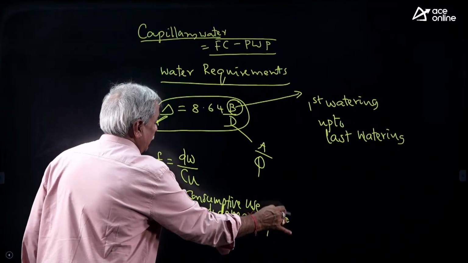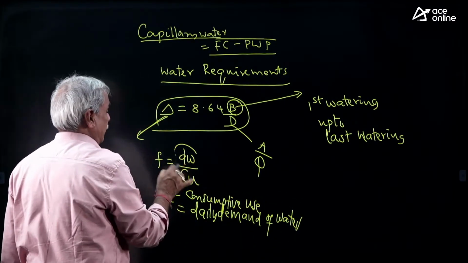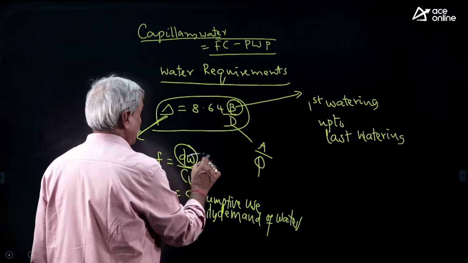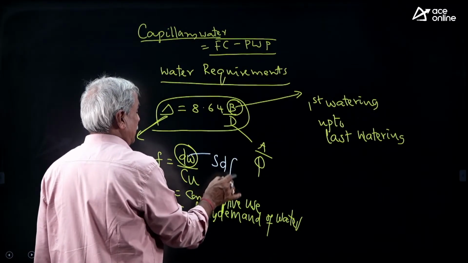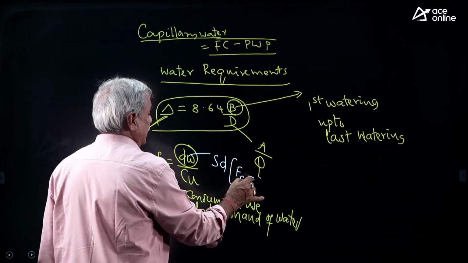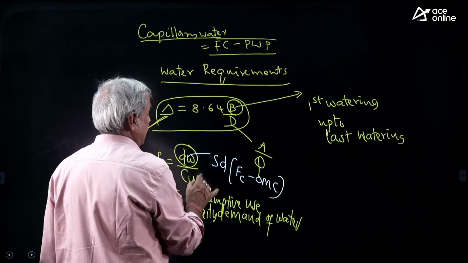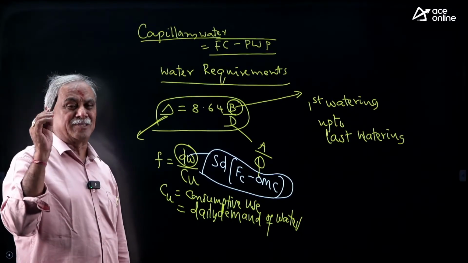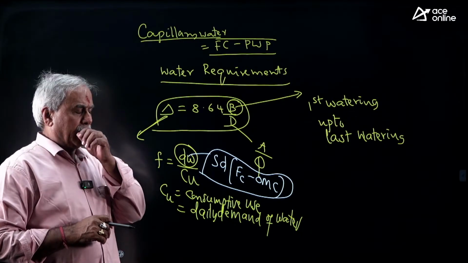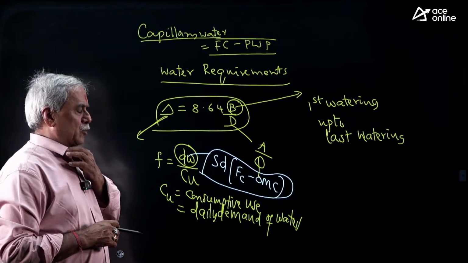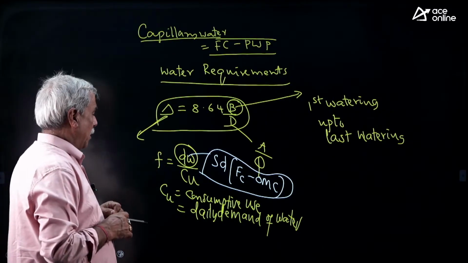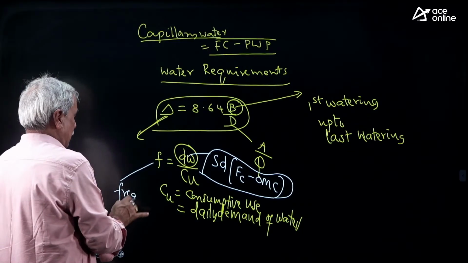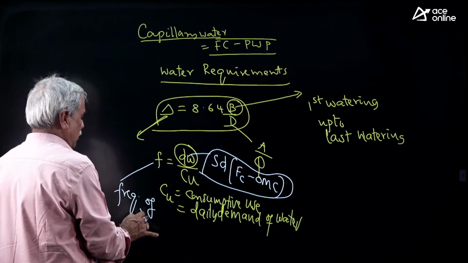It is also one very useful definition. dW is S into D into FC minus OMC. It is the depth of each watering. Every time how much water the farmer will be supplying to the field in order to get the crop properly irrigated throughout the 10-15 days. That gap is called frequency of irrigation. Frequency of irrigation is also one important one.